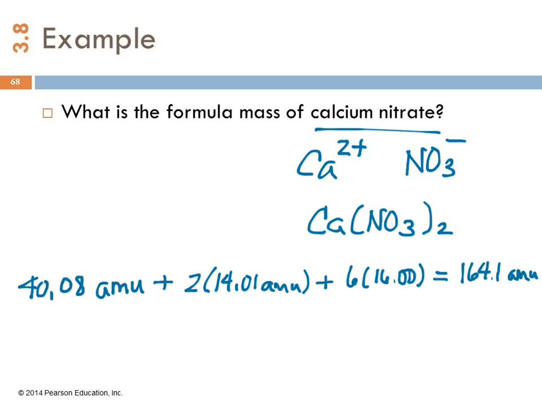Different ways of thinking about significant figures. What do you think? How many significant figures should this number have? 5. If we're going to really follow the rules of significant figures, I agree. I think it should have 5.